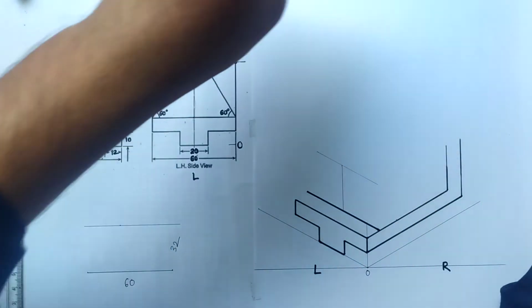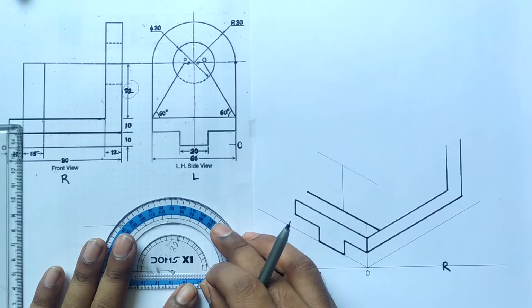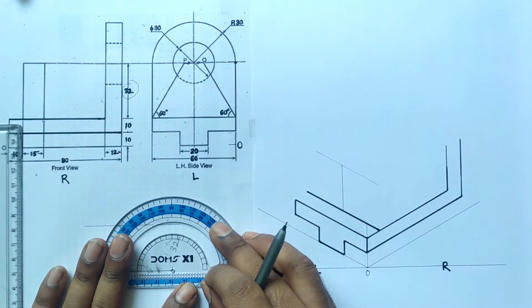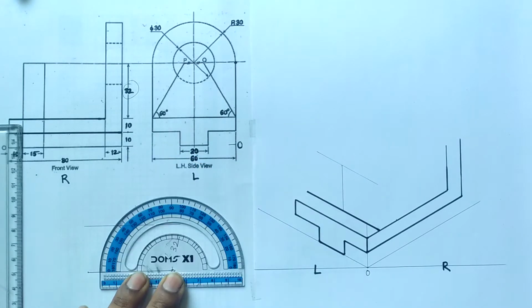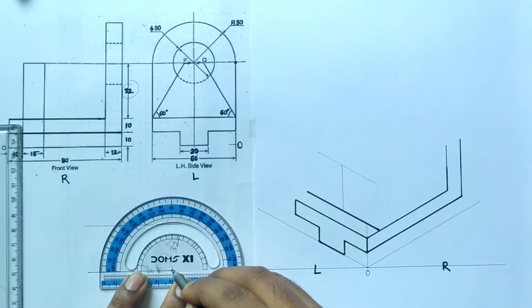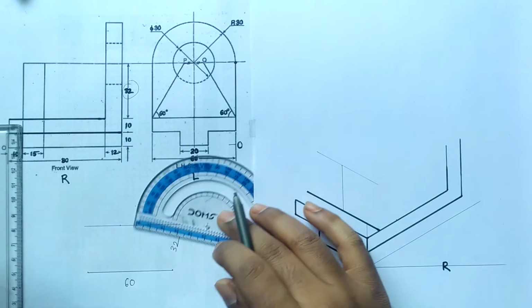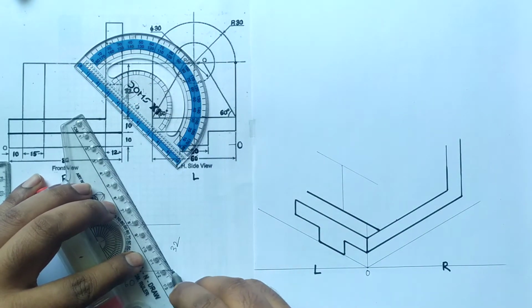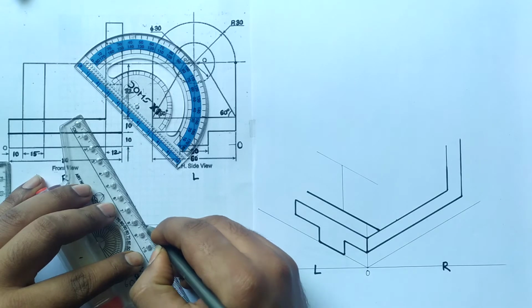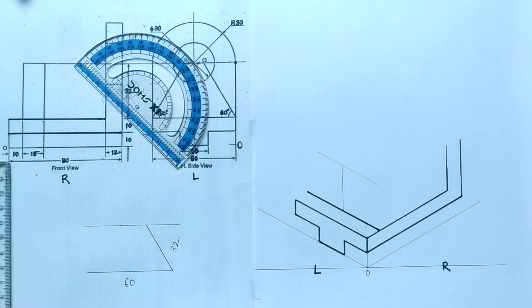Now from this point I need to generate 60 degree inclination. From this point I need to generate 60 degree inclination. So simply I will connect it in this way.